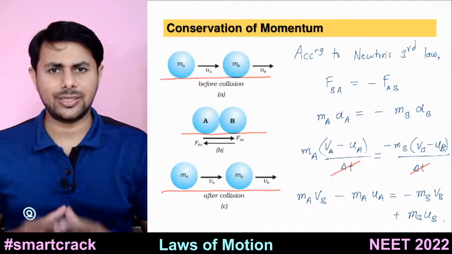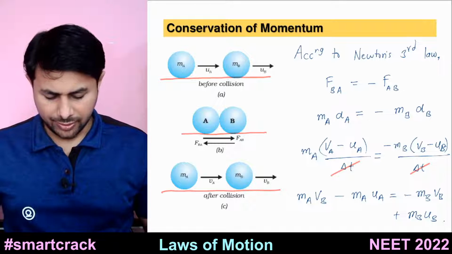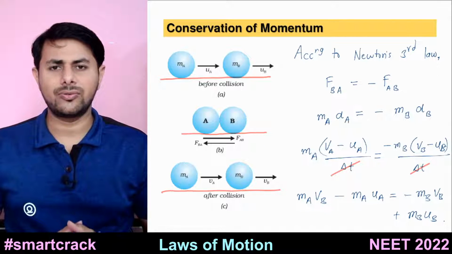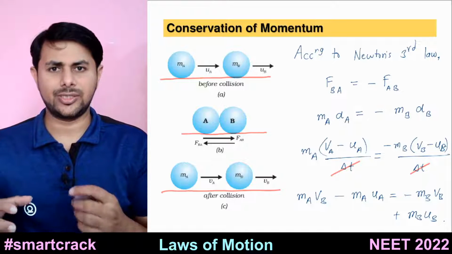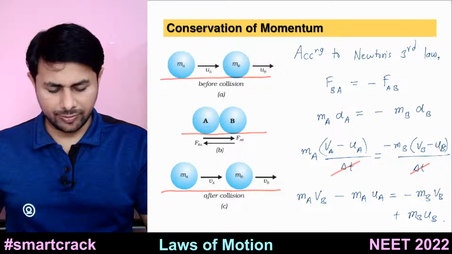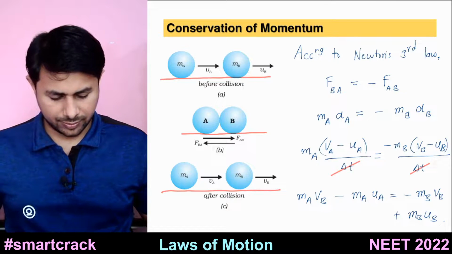So the net force is equal to zero if you consider both the bodies, and therefore, since net force is zero, the change in momentum will be equal to zero. So total momentum before collision is equal to total momentum after the collision.